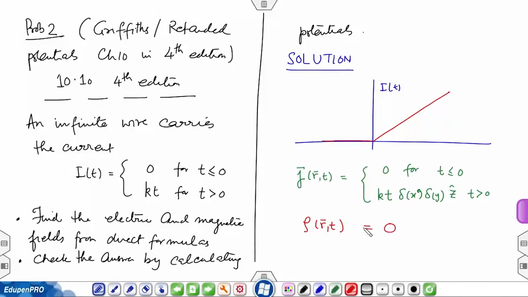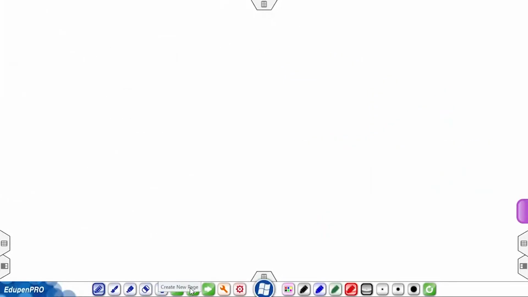So, let us again first calculate electric field for this problem. The electric field E again is going to be cylindrically symmetric, dependent only on s.